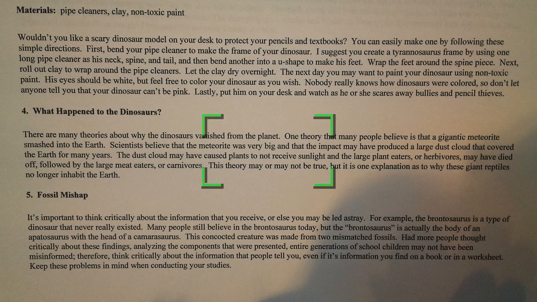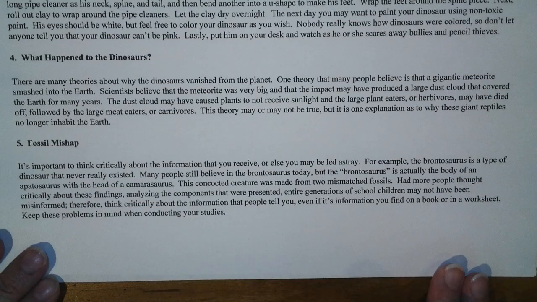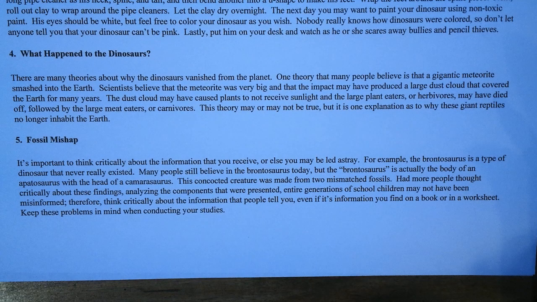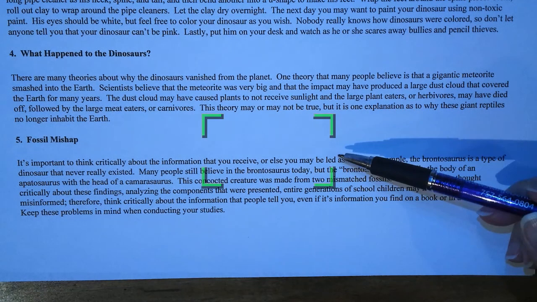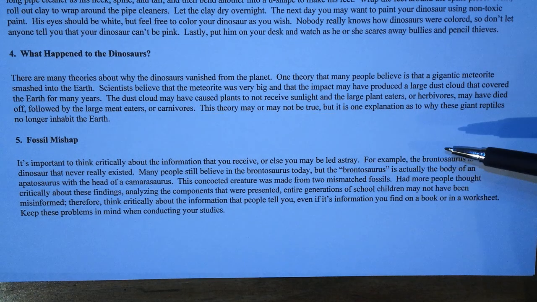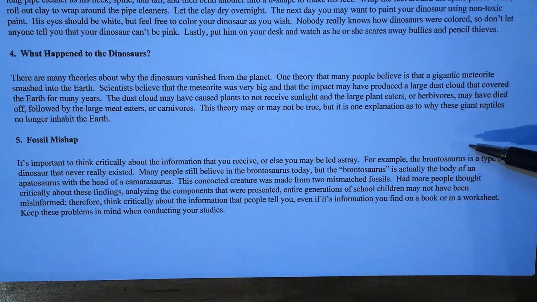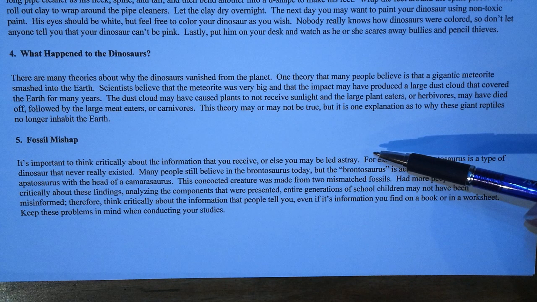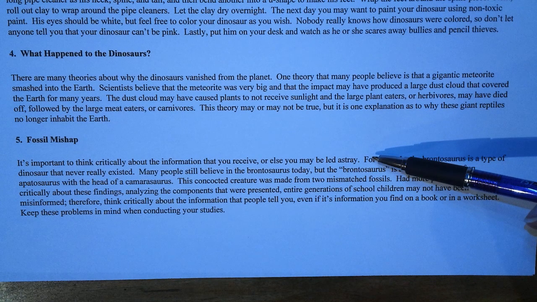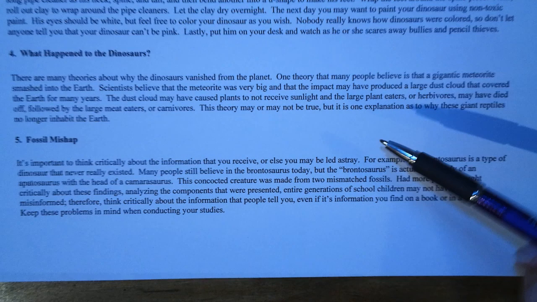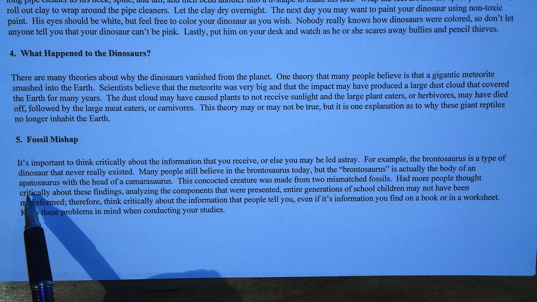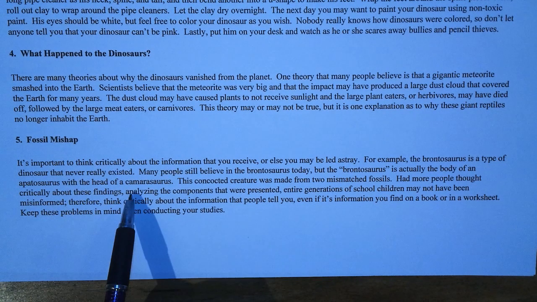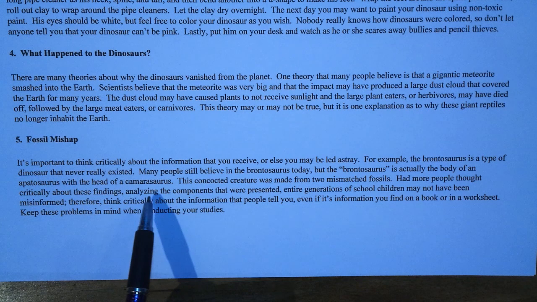It's important to think critically about the information you receive, or else you may be led astray. For example, the Brontosaurus is a type of dinosaur that never really existed. Many people still believe the Brontosaurus today, but the Brontosaurus is actually the body of an Apatosaurus with the head of a Camarasaurus. This concocted creature was made from two mismatched fossils.